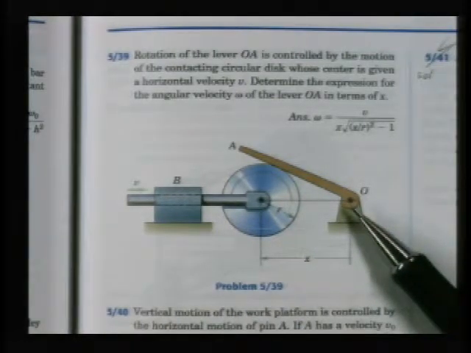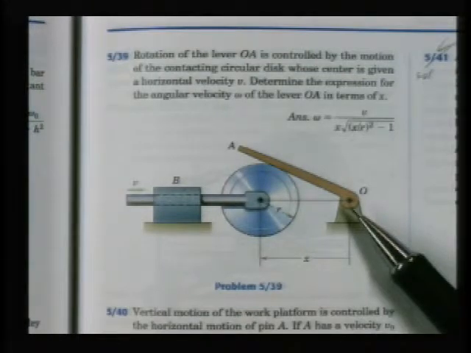Now again, we're doing what type of analysis? Absolute motion analysis, which means we need to write a geometric relationship that describes the relationship of the quantities in that picture and the variables in that picture, and then see if we can figure out how to come up with the angular velocity of OA.